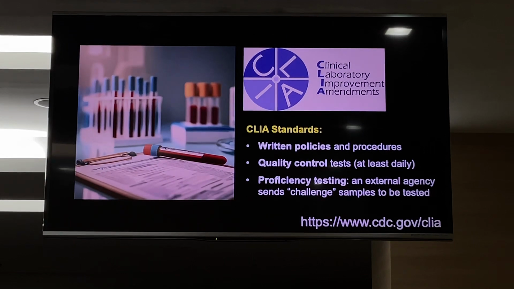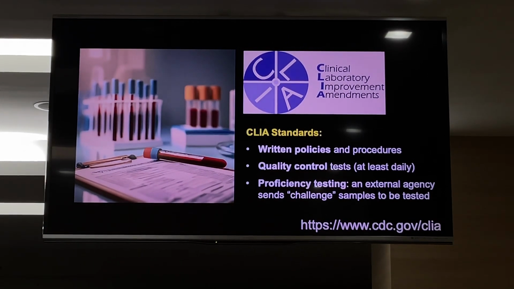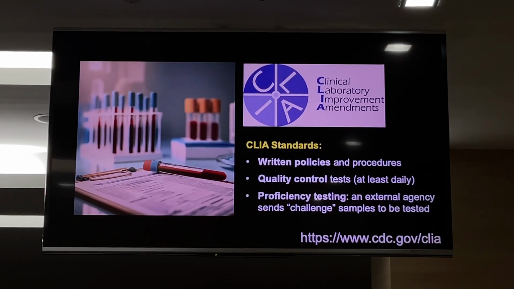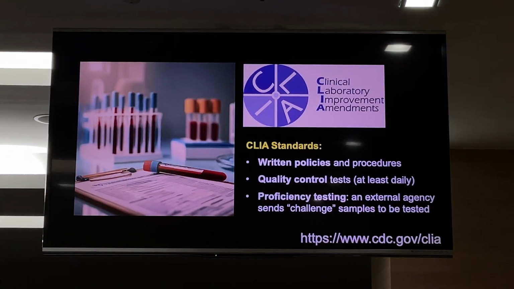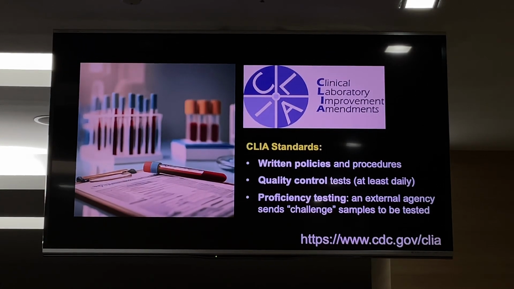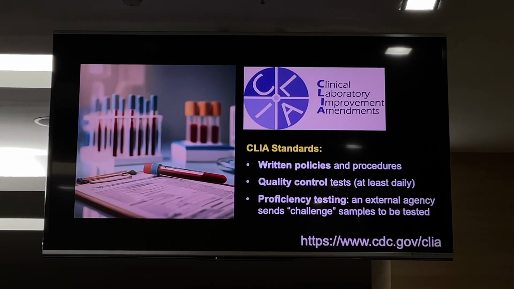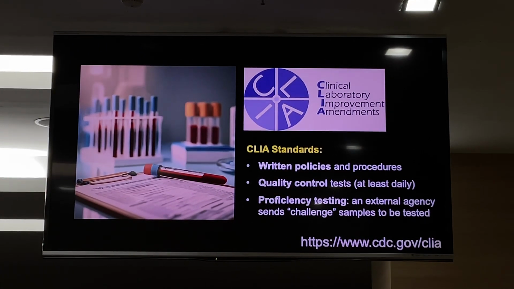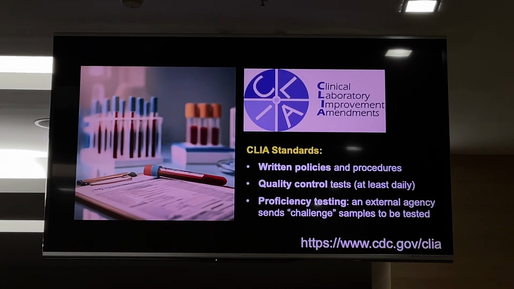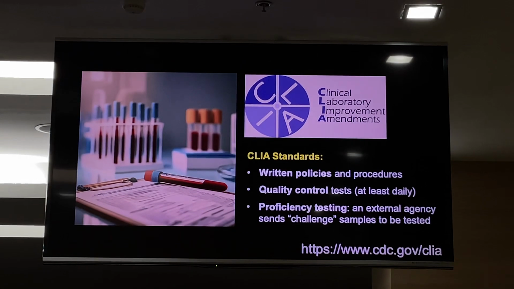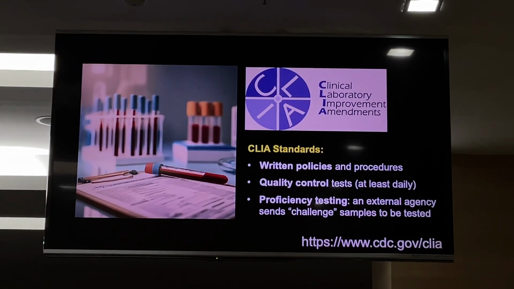So going back to where the blood testing world is, there are these Clinical Laboratory Improvement Amendments guidelines in the US that have written policies and procedures, highly systematic quality control tests, at least daily, and then they have these proficiency tests where basically an external agency will send some challenge samples to the labs for analysis.